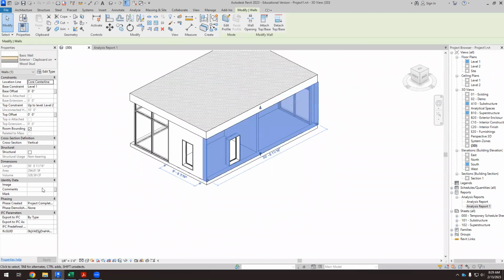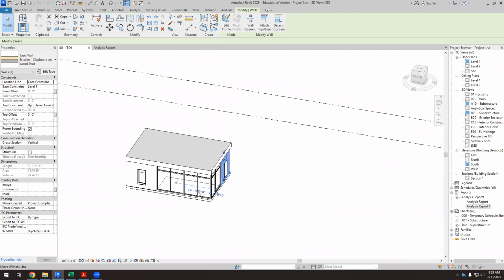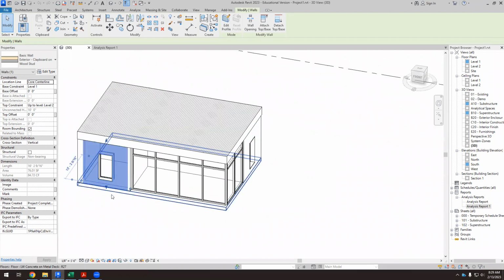Let's do it. This wall is 294. This wall is 71. Again, I'm rounding up or down. This wall here is 76.